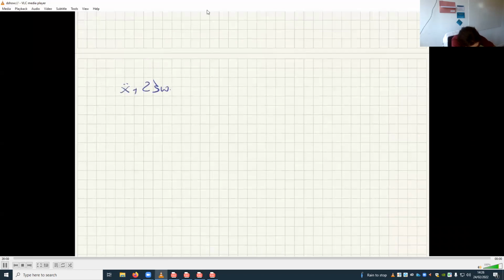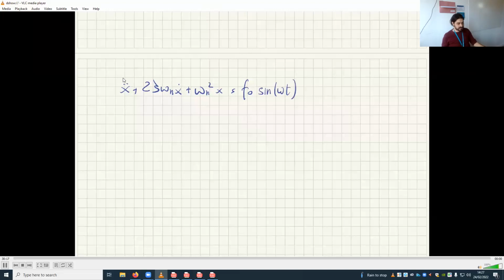So for forced vibrations, the equation becomes this one. Always the same, of course. But we have one added problem. I would say problem. Now, the important things here are F0 and omega.